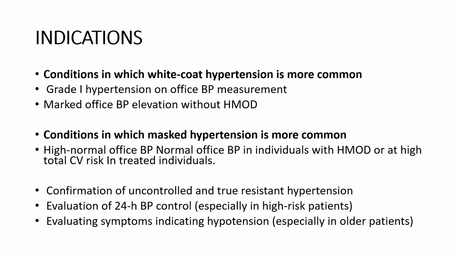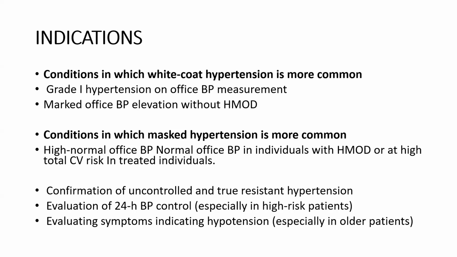And for conditions in which masked hypertension is more common, especially patients that have high normal office blood pressure and elevated out-of-office blood pressure, especially when the patient has evidence of hypertension-mediated organ damage, or has high total cardiovascular risk.